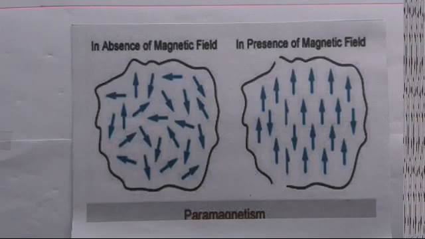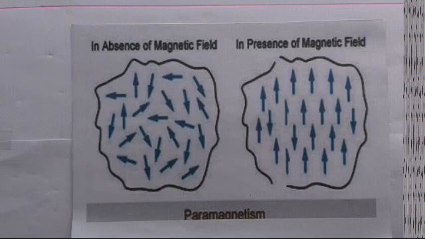So we have this picture for paramagnetic substance. They are weakly attracted by a magnetic field. They are magnetized in a magnetic field in the same direction. They lose their magnetism in the absence of magnetic field, and paramagnetism is due to presence of one or more unpaired electrons which are attracted by the magnetic field.